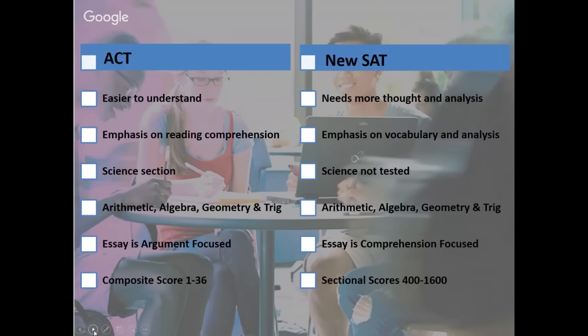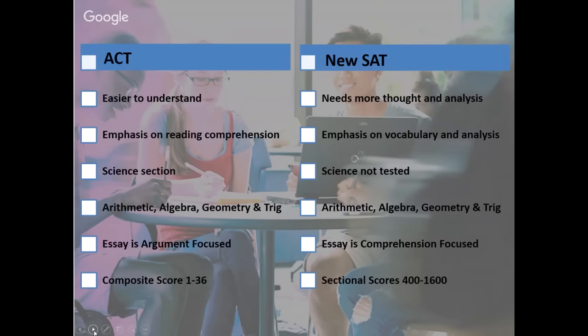Whereas the new SAT, there's more emphasis on vocabulary and analysis. ACT has a science section where the new SAT does not test science. So students who are stronger in the science may prefer the ACT. Students who are better with vocabulary and analysis, but not so much science, may prefer the SAT. The math, though, is the same on ACT and new SAT.